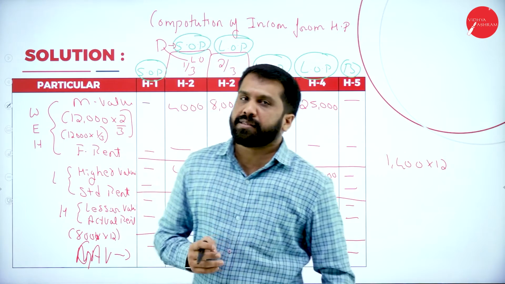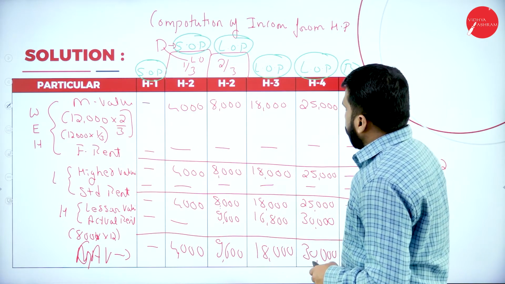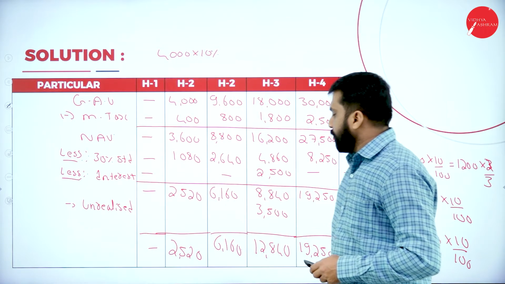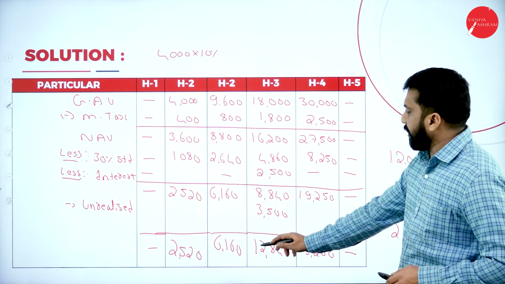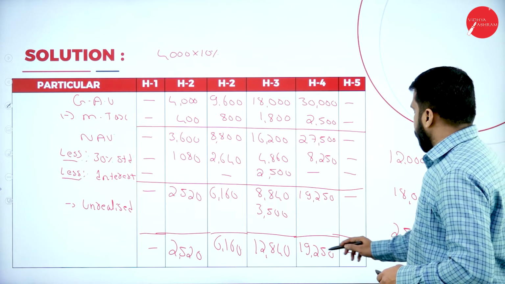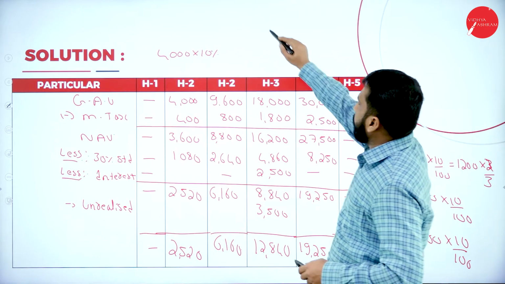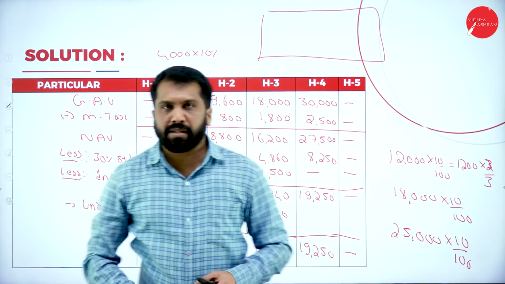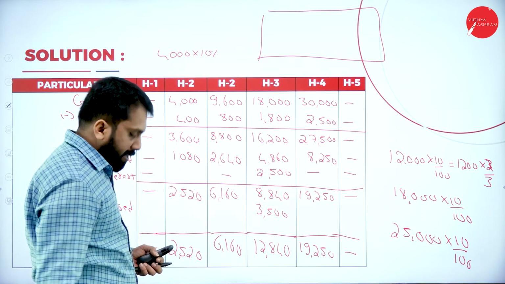Clear? Now you have to add everything. Your final answers: 2,520 plus 6,160, 12,840, 19,250. Add everything and write your total income from house property. Clear? I'll add and let you know.